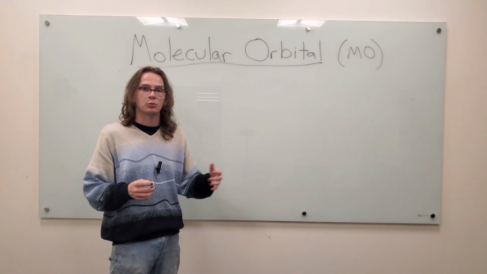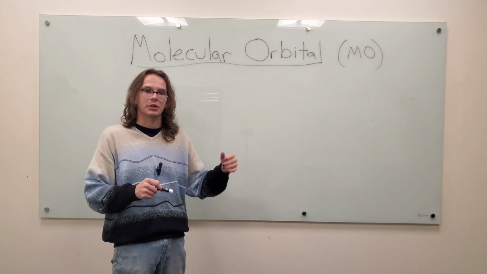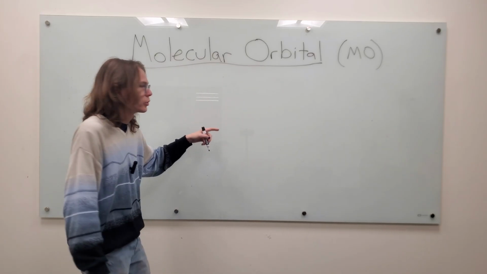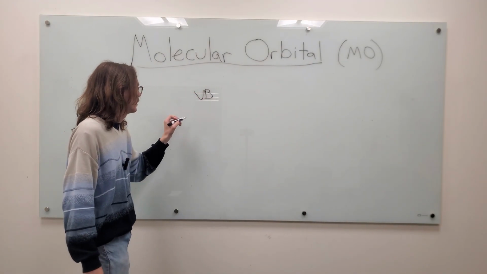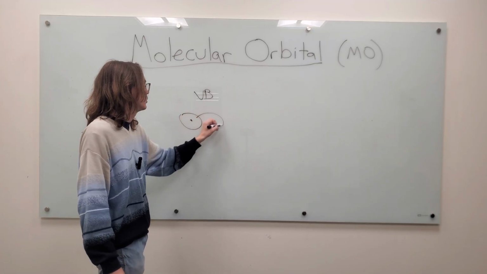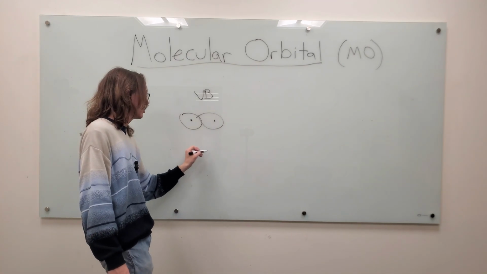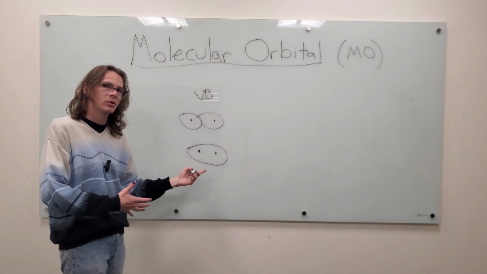And when we subtractively combine these atomic orbitals, we will get a higher energy, or what we'll later call an antibonding orbital. Recall that with valence bond theory, with hydrogen, for example, we had these two s orbitals overlapping, and then this would form sort of like an egg shape.